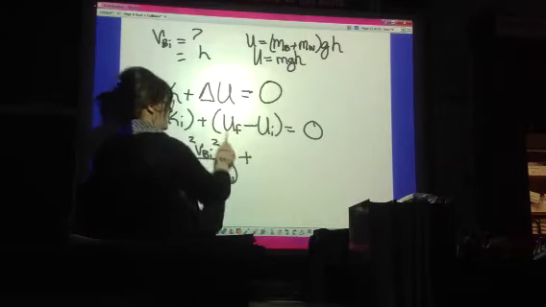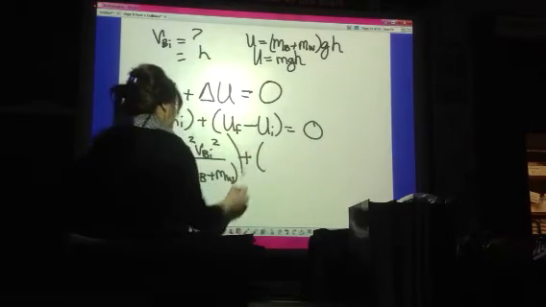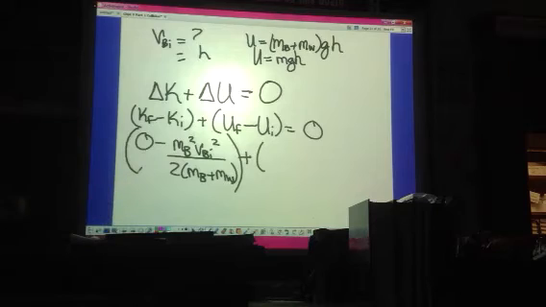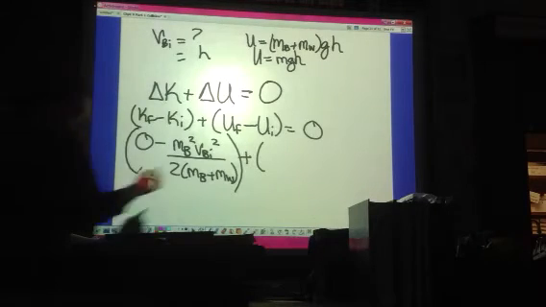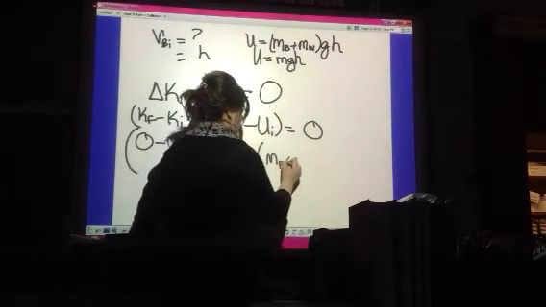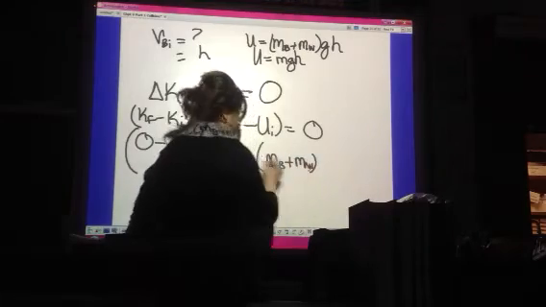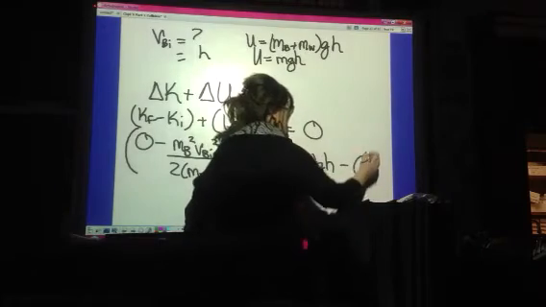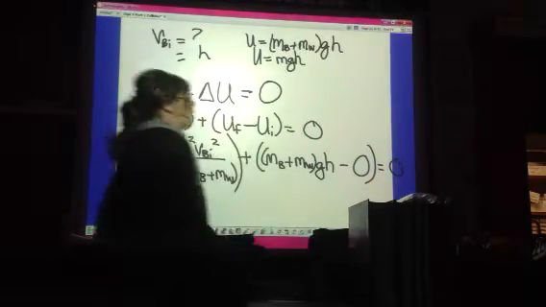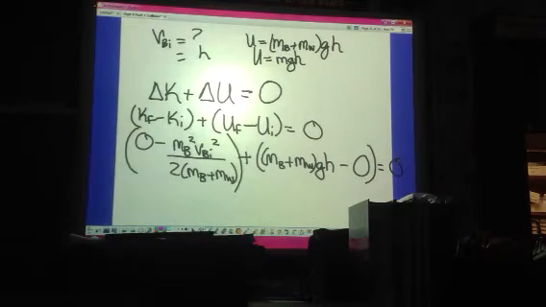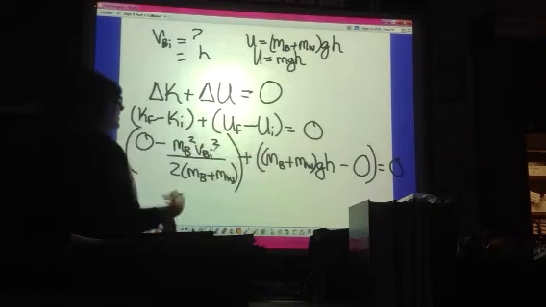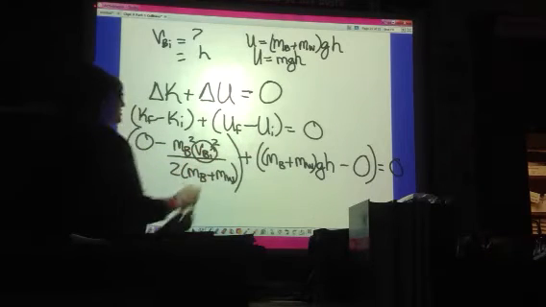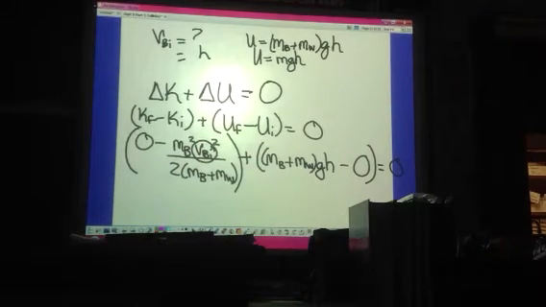So my final one, let's keep these together, would be the mass of the bullet plus the mass of the wood times g times h, and then minus the initial, which would just be 0. And all of that is equal to 0. So ultimately, our goal, we have everything that we need. We just have to rearrange this entire thing to solve for the initial velocity of the bullet.